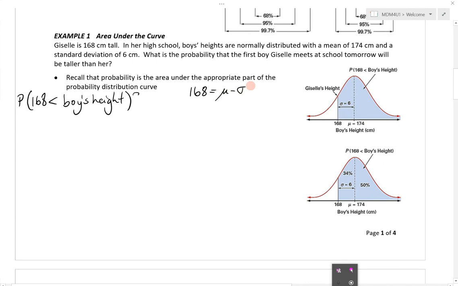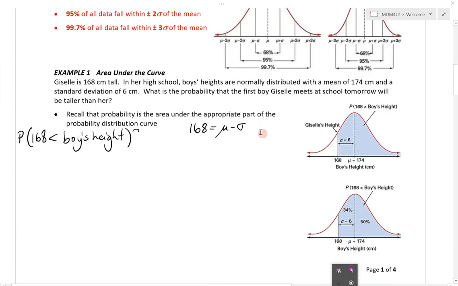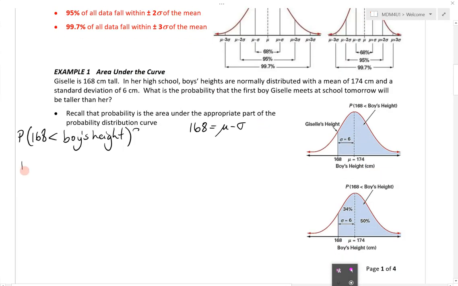And we also know from up here that 68% of all your data falls within 1 sigma of the mean value. So the probability of the boy's height, x, being between 1 sigma below the mean and 1 sigma above the mean is equal to 68%.